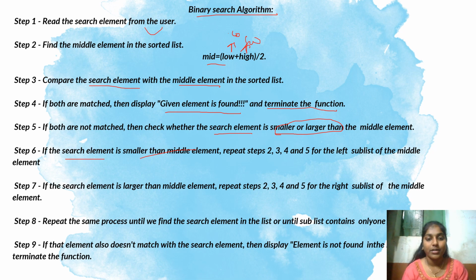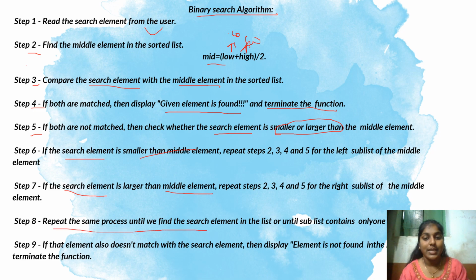And if the search element is larger than the middle element, then we are going to apply the same steps, means this step, this step, this step, and this step, for the right sublist of the middle.